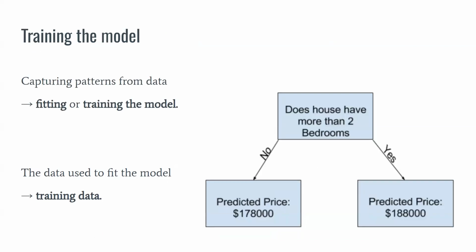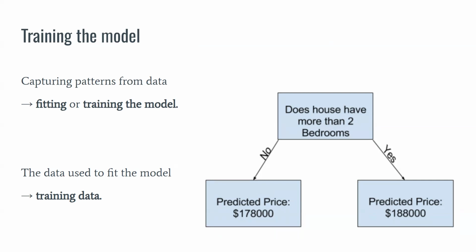Training the model. So we use data to decide how to, if we are to predict house pricing, we use data to decide how to break the houses into two groups, and then again to determine the predicted price in each group.